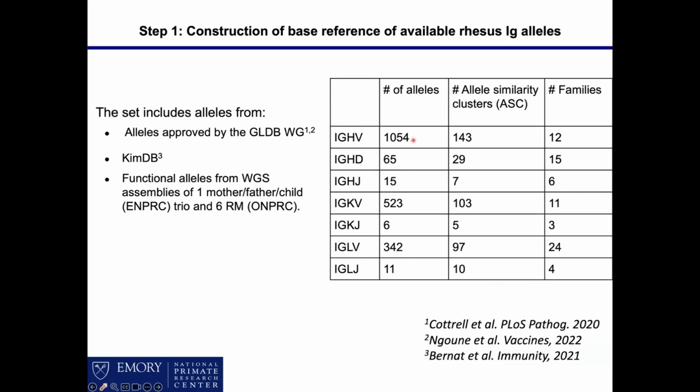In this, we had over 1,000 V alleles, over 500 heavy chain V alleles, and 500 and 300, respectively, kappa and lambda light chain alleles. And these are the references that we built this from. We also used some novel data that we had generated in-house from some of the whole genome sequencing and assemblies that Corey and Sooty had been generating.